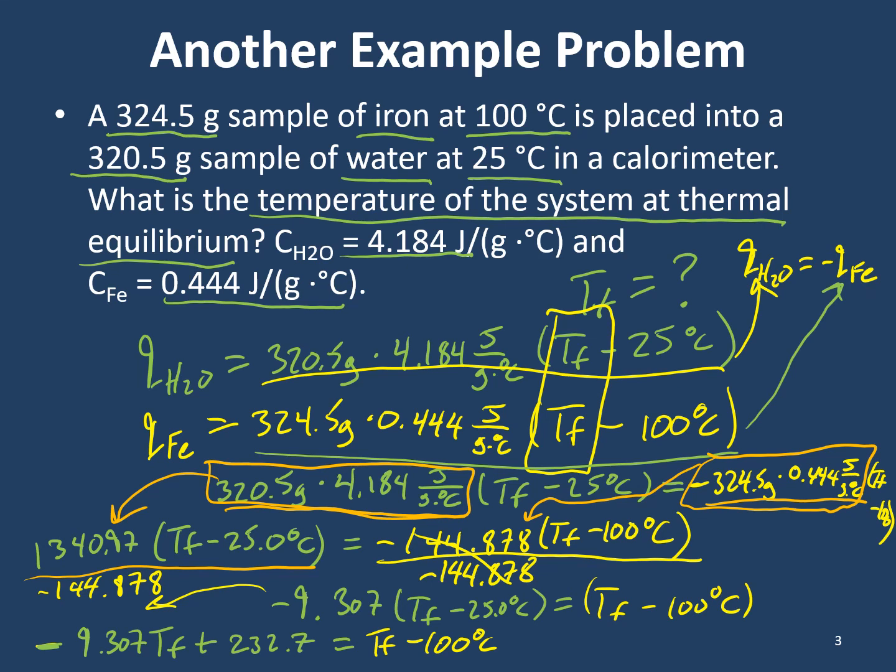All right, so now the last step after doing this last little algebraic step is to get the TFs on one side and the temperatures without any variable next to them on the other side, and then we can divide and solve. So let's do that. What we get is I'm going to add 100 to both sides and add 9.307 TF to both sides.